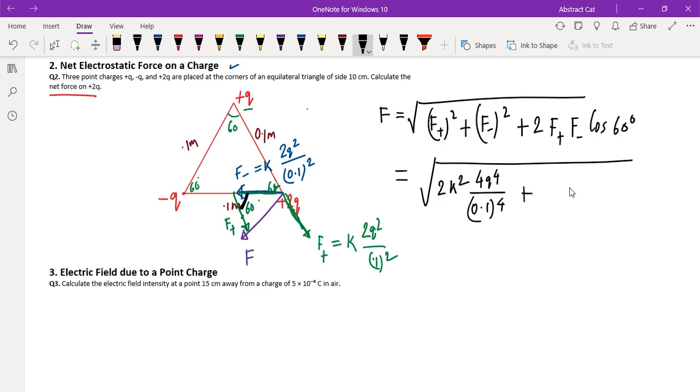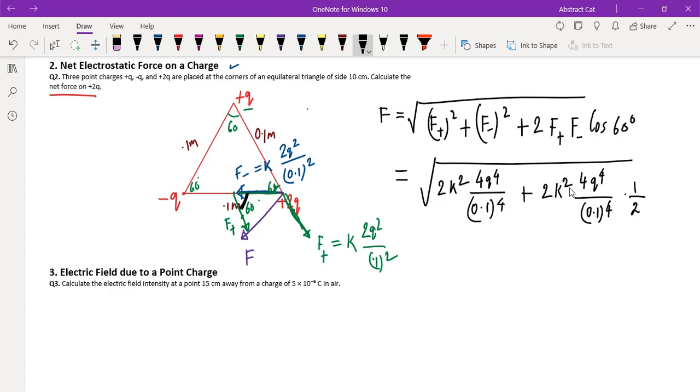Here the multiplication of these two is similar, K square, and 2 and 2 give 4 Q to the power 4, over 0.1 whole to the power 4, and cos 60, which is the opposite of sine, same as sine 30, that is 1 by 2.